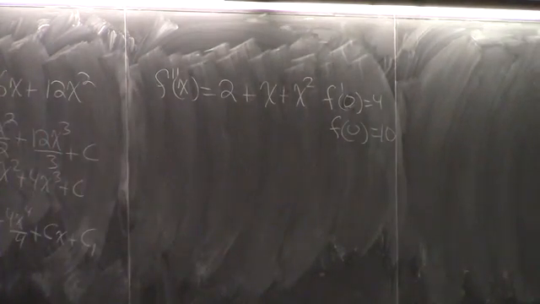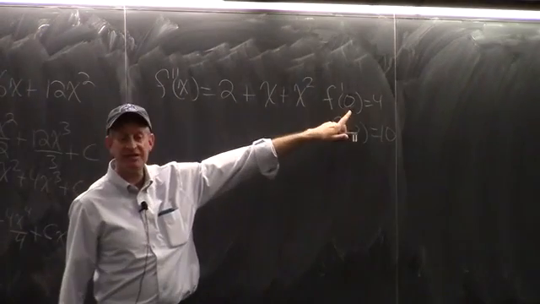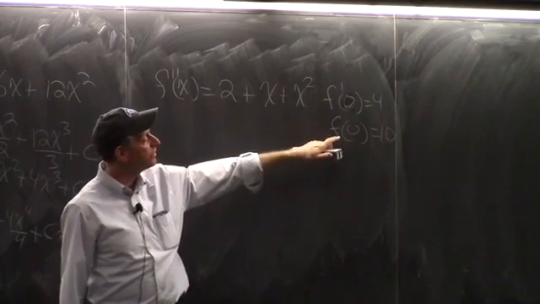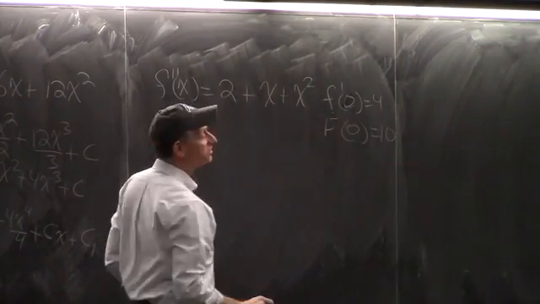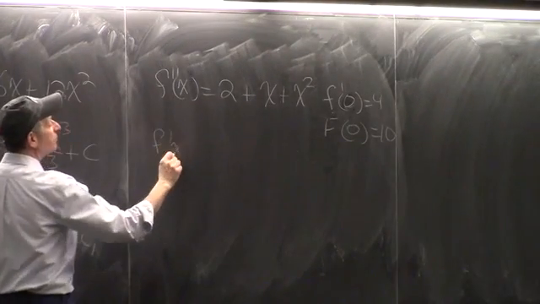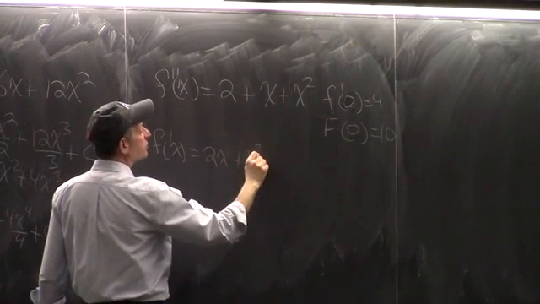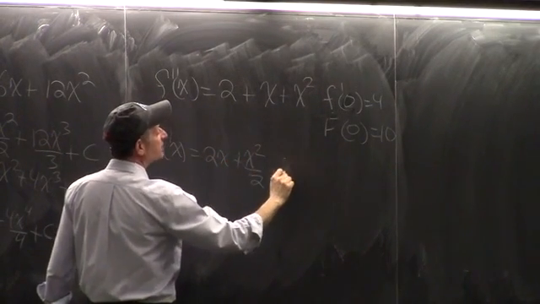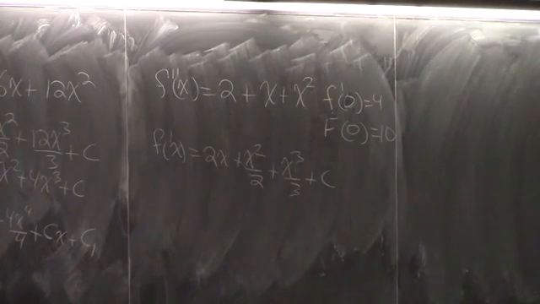So the second derivative is 2 plus x squared. And I know that the first derivative is equal to 4 at 0. And the original function, sorry, that should be now, is equal to 10 at 0. Now I can solve this. You say, well, the first derivative must have been 2x plus x squared over 2 plus x cubed over 3 plus c.